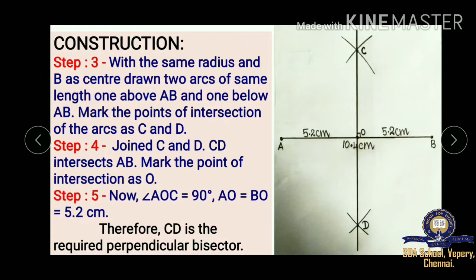So we will check whether AO is equal to BO. Take a scale and check AO is 5.2 centimeter and BO is 5.2 centimeter. Now AO is equal to BO. Therefore CD is the required perpendicular bisector. Are you clear, students?